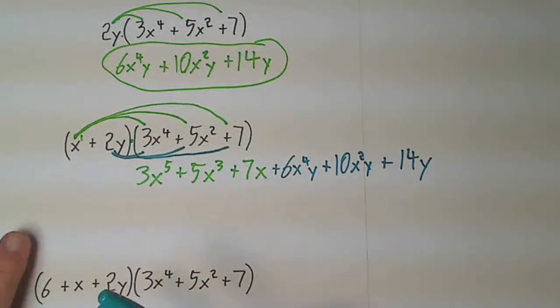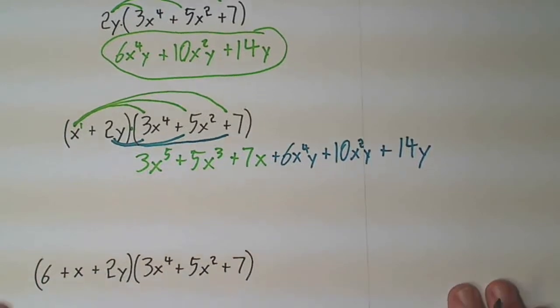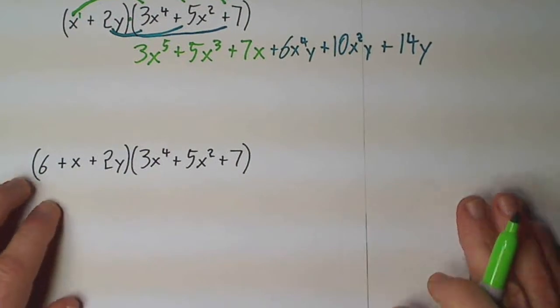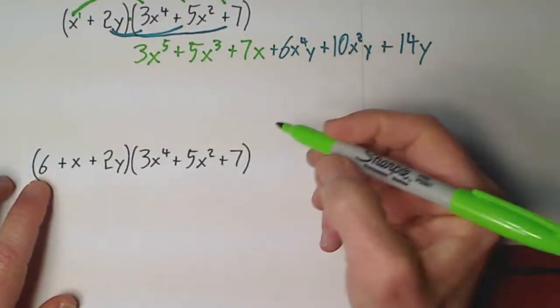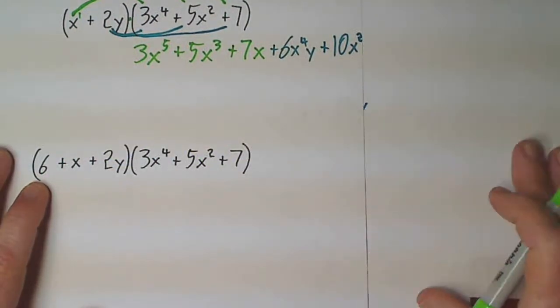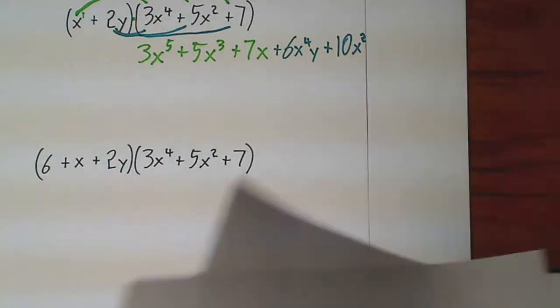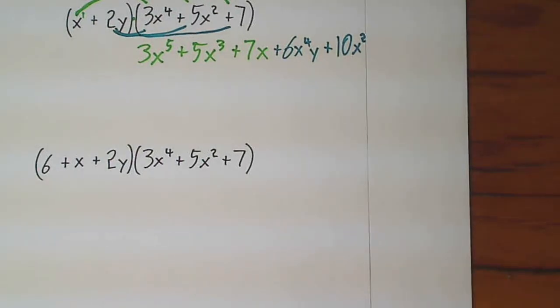One more for the grand finale. We'll start out with our very first term. The 6 has to hit each term. This one's going to get rather large, I anticipate.